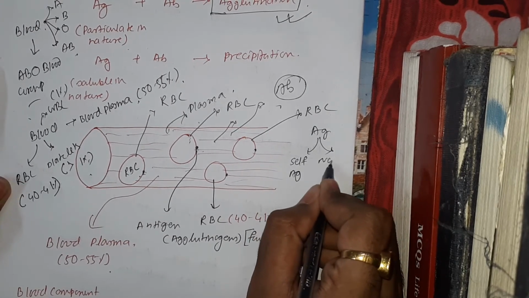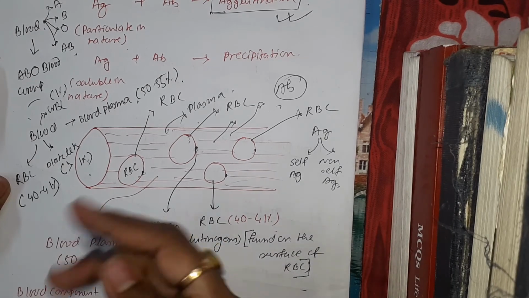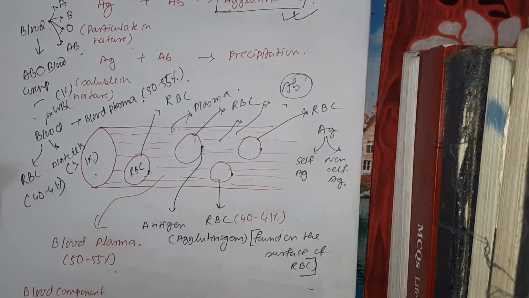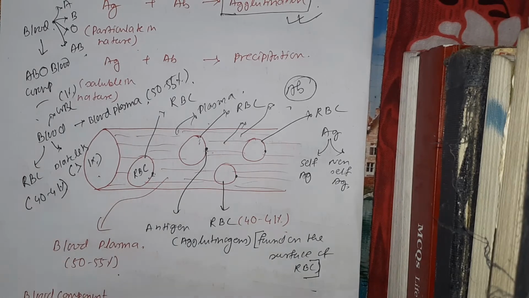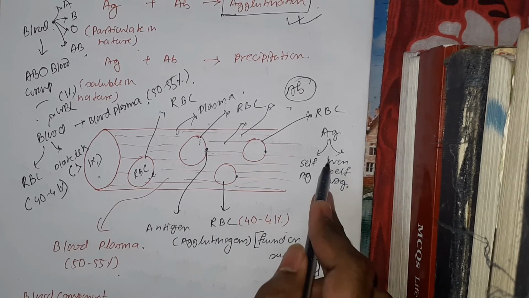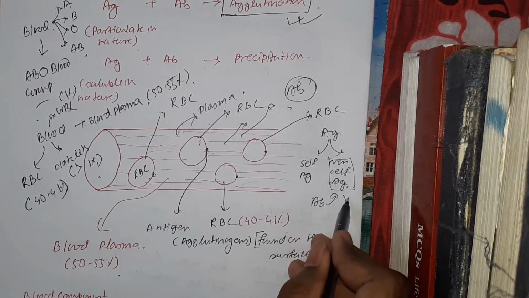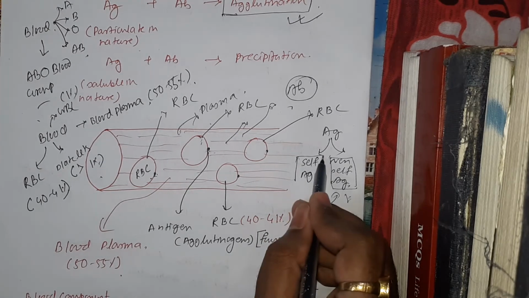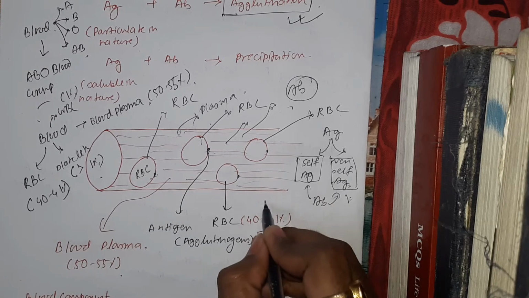And another one is non-self antigen, that is coming either externally or can be a result of cancerous or malignant infection, but that is not a part of antibody action, because at that time cytotoxic T lymphocytes will take charge. So those are non-self antigens, and antibody will typically react against these, right? It will not take any action against self antigen, and that is what we know as immune tolerance.